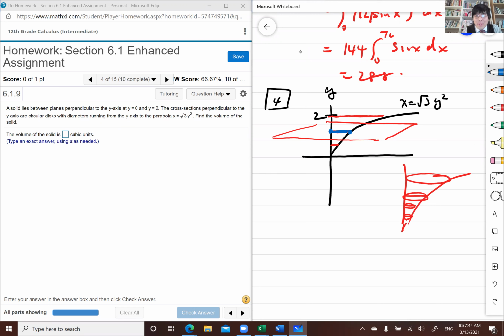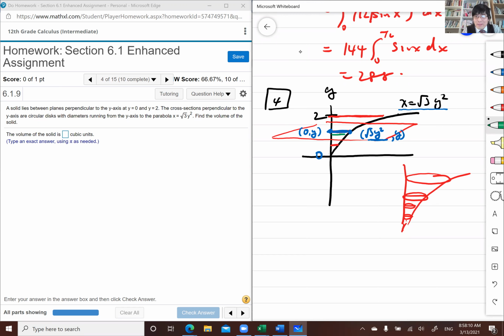Now pick any point along the y-axis between 0 through 2. So this point is 0, y, with y somewhere between 0 through 2. Then this point has the same y coordinate as this point. And the x coordinate, because it satisfies this, can be written as the square root of 3y squared.